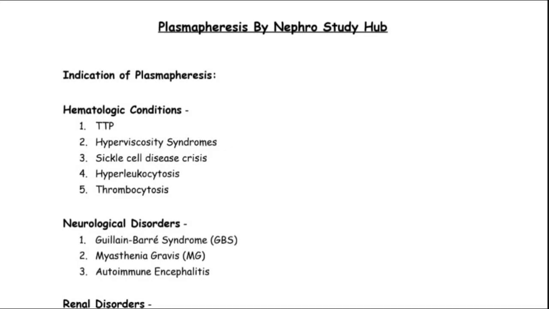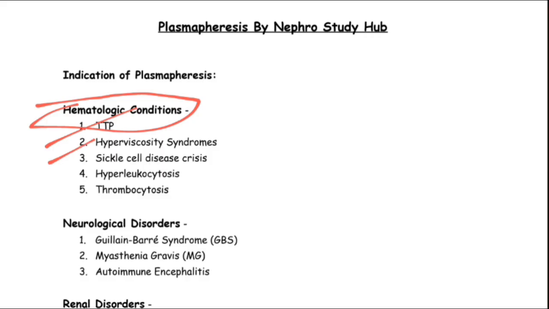Plasmapheresis or therapeutic plasma exchange is done in various types of patients with various conditions. These are a few indications of plasmapheresis. The first belongs to hematological conditions. First one is TTP, thrombotic thrombocytopenic purpura.